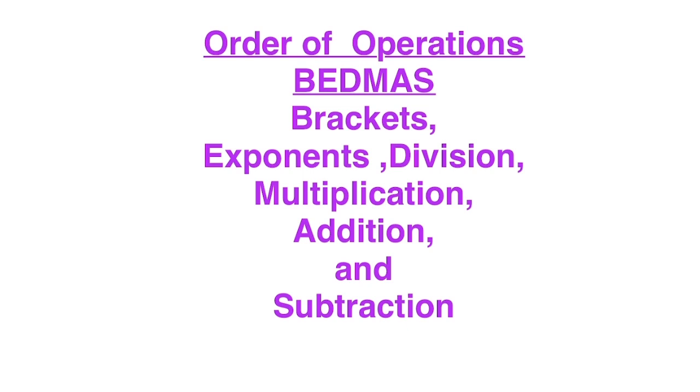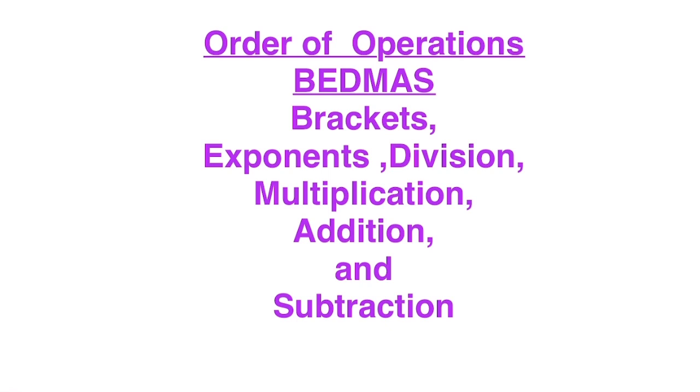Now let's move to order of operations. When you have many operations like brackets, exponents, division, multiplication, addition and subtraction, we must solve in the correct order. We remember it by the rule BEDMAS.